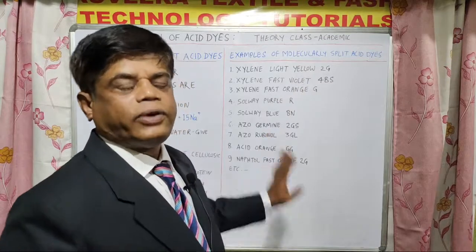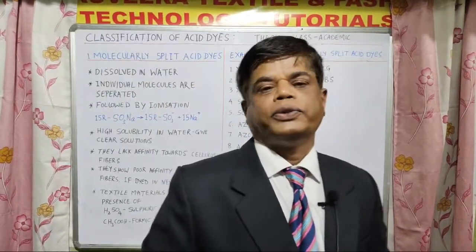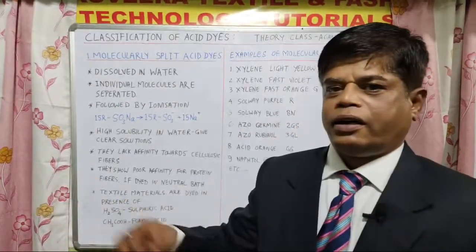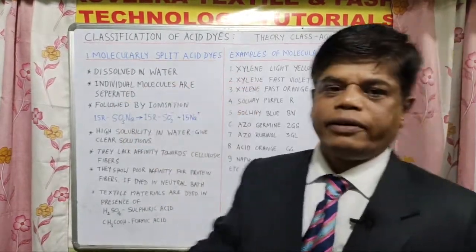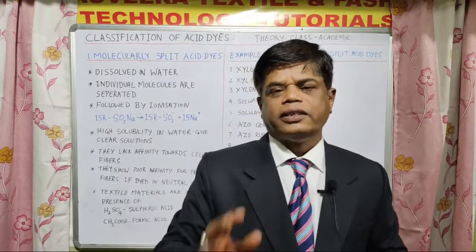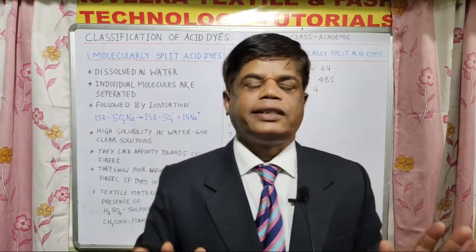These are colors. Now you can search Google also. Put in dyes available in the market, molecularly split acid dyes available in the market, and you can get the trade names. Okay, friends, this is about the molecularly split acid dyes.